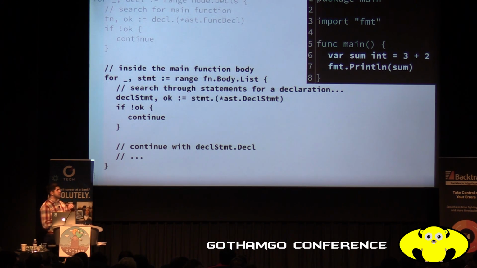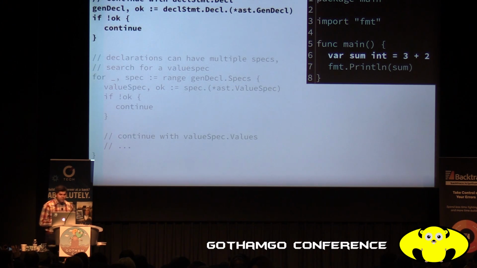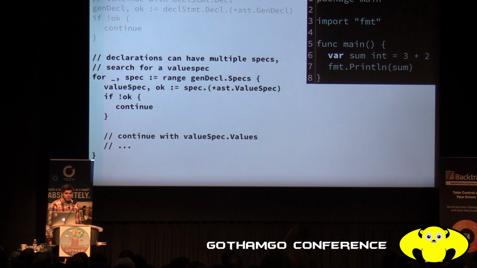Every single line is a statement, but what I'm looking for is a variable declaration. First, I look for a declaration statement type. Once I have it, I look for a generic declaration. Every declaration in Go is represented by this type, and this type has a slice of specs.